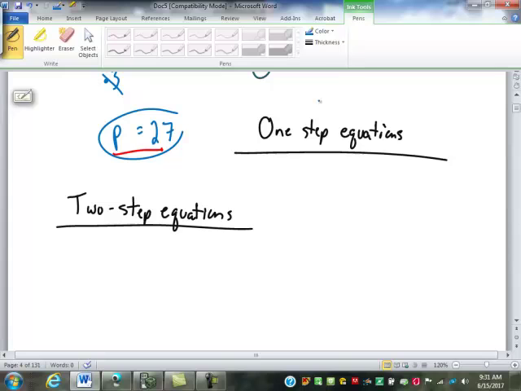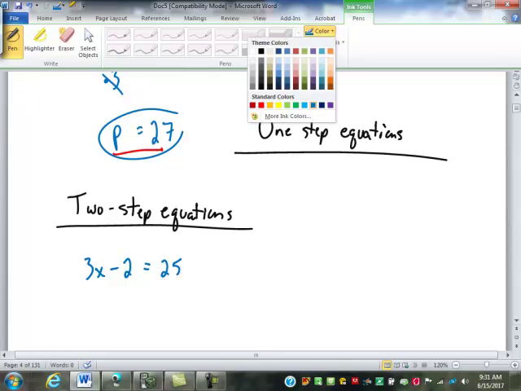There are equations with more operations than that, but most of the time they can be simplified or reduced to two-step equations. So a two-step equation might look like this. To solve it, we go through the exact same steps.